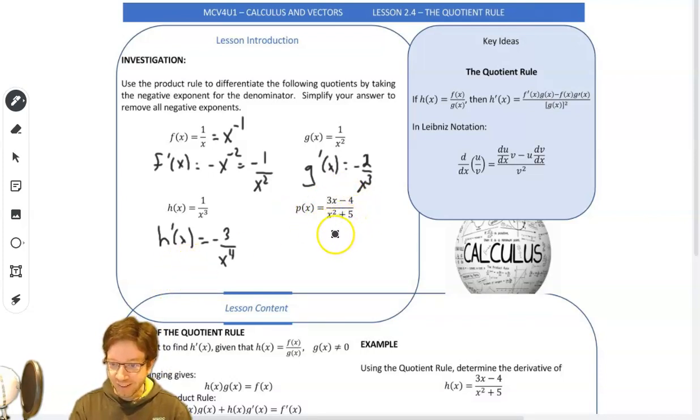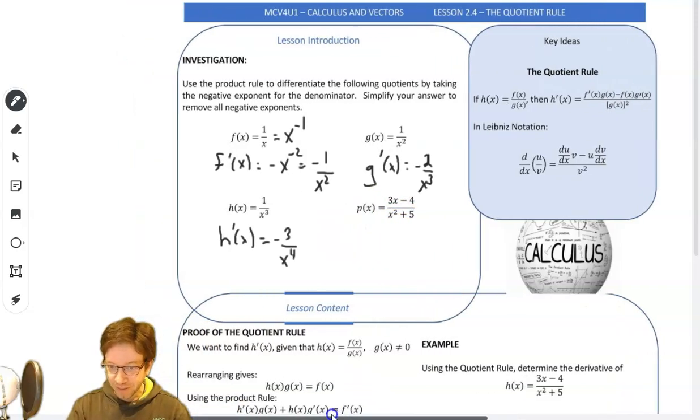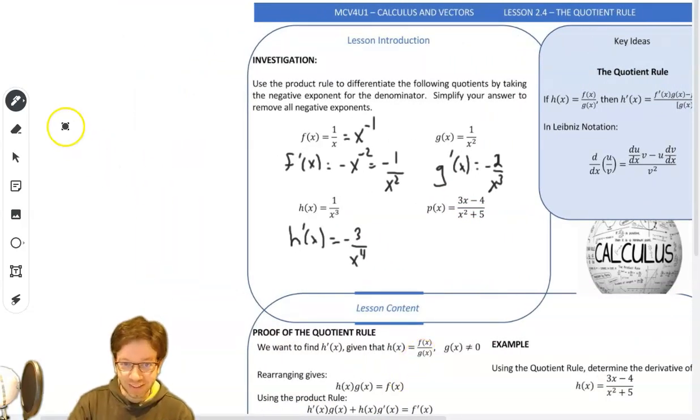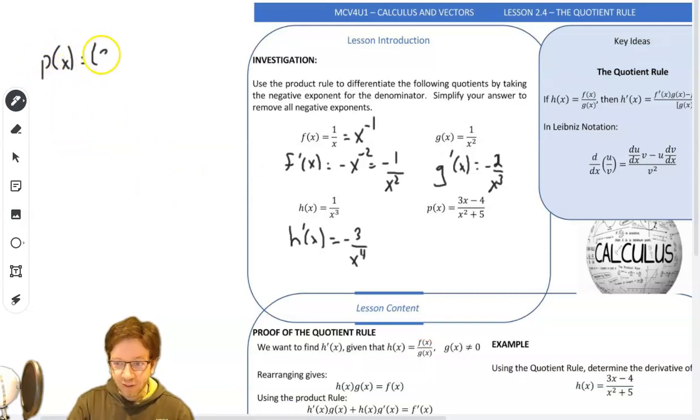So this one we are going to need the product rule. I'm going to do this one on the side where I have a little bit more space. So I'm going to rewrite p of x as 3x minus 4 all times x squared plus 5 to the power of -1.